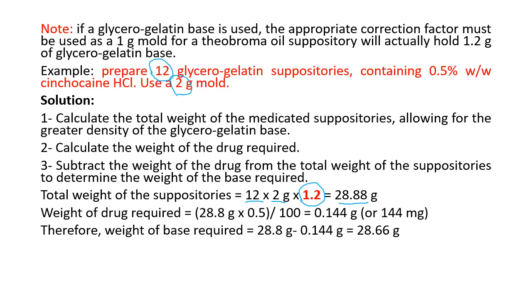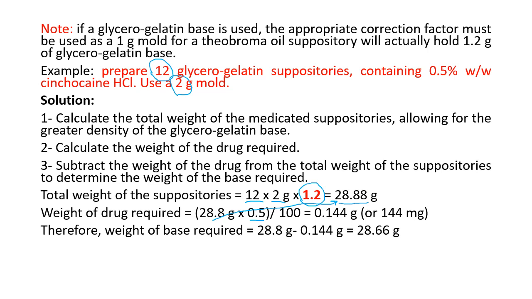The weight of the drug is the percentage, 0.5, times the total weight of the suppositories, divided by 100, which equals 0.144 grams or 144 milligrams.